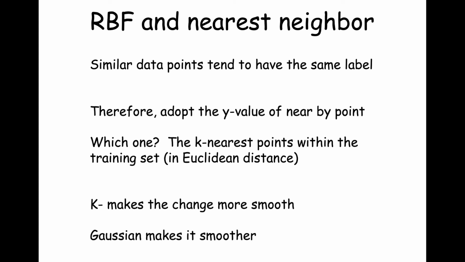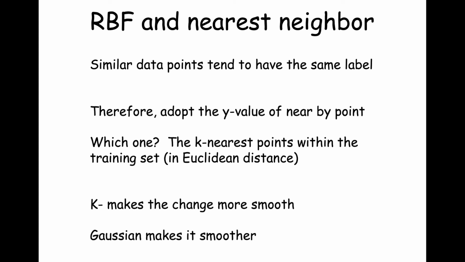And so the idea behind that is that when data points are similar in their location in feature space, that means their feature values are very close to one another, and things that have similar or same feature values are the same object or class or thing. And so what these k-nearest neighbor types of approaches do is that when you have a data point, you adopt the y value of the nearest point.